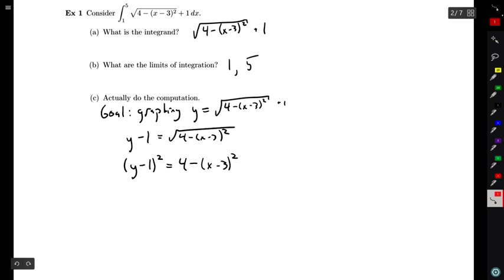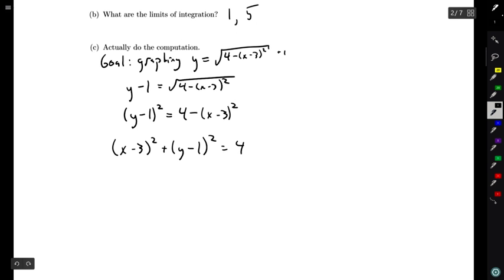But if I add this (x minus 3) squared to both sides, I end up finding (x minus 3) squared plus (y minus 1) squared equals 4. And this looks pretty familiar. If this were something just like x squared plus y squared equals 4, we would know that we would have here the equation of a circle.